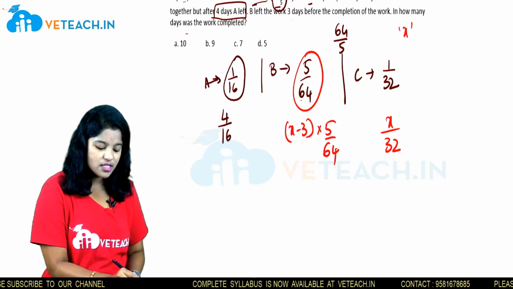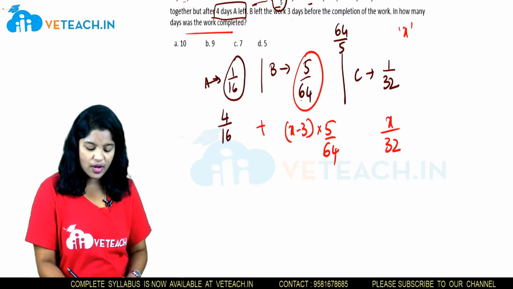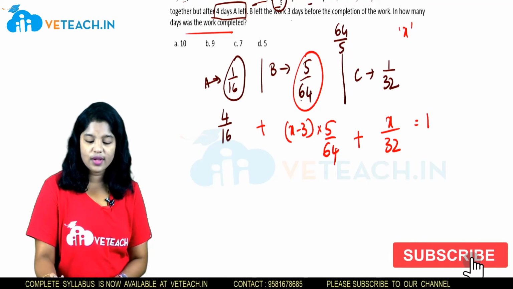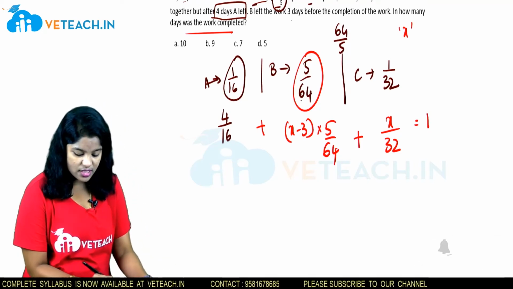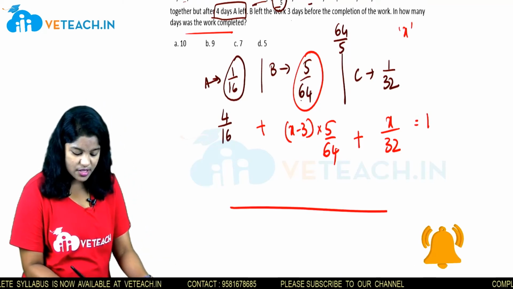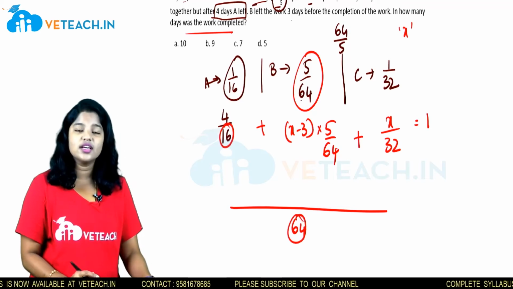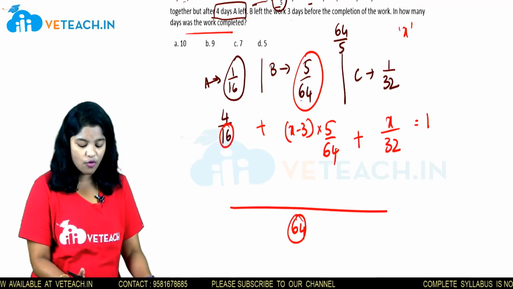So in how many days was the work completed? We should add all these capacities of their work, which is equal to unity. The LCM is 64. Here 16 is there, here 64 is there. So 64 by 16 we get 4.